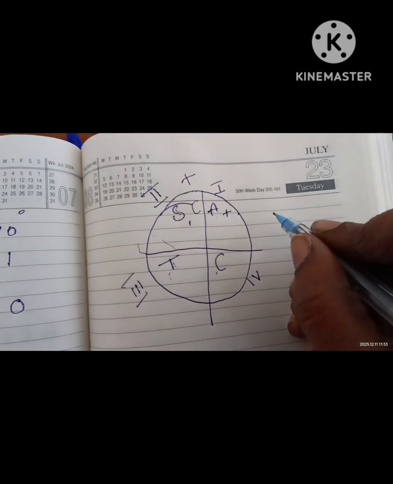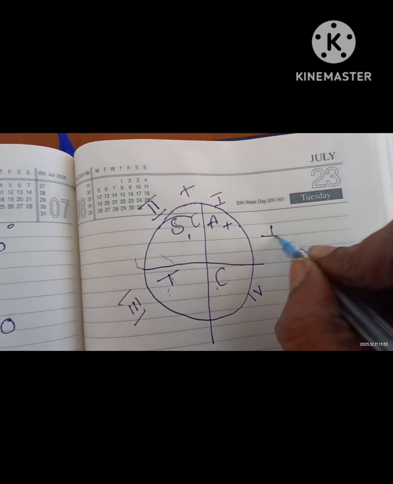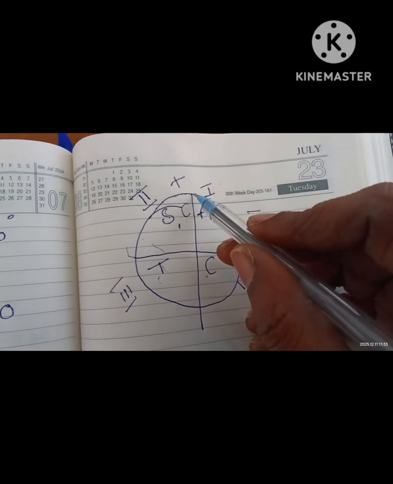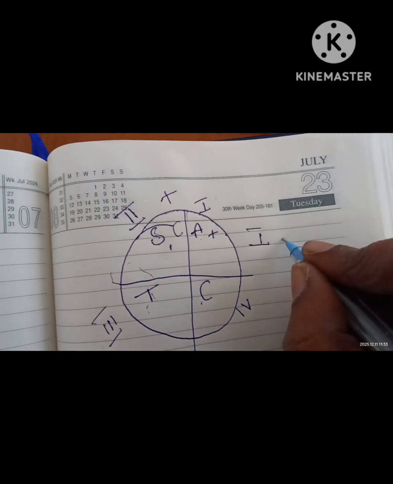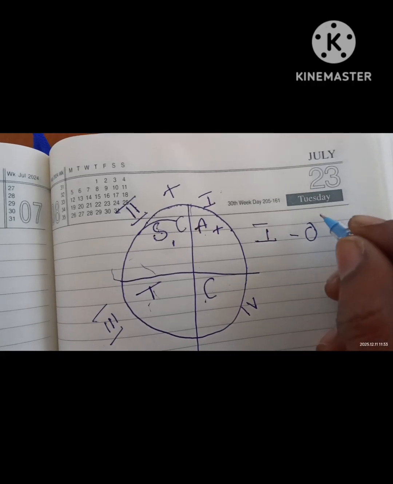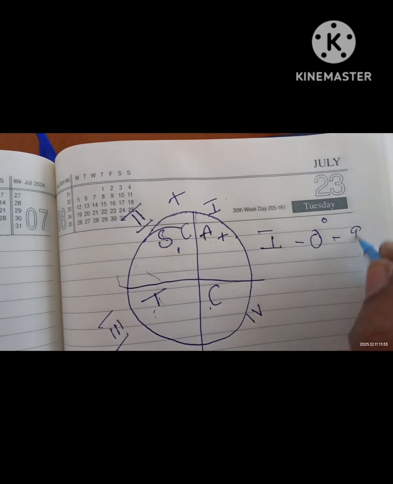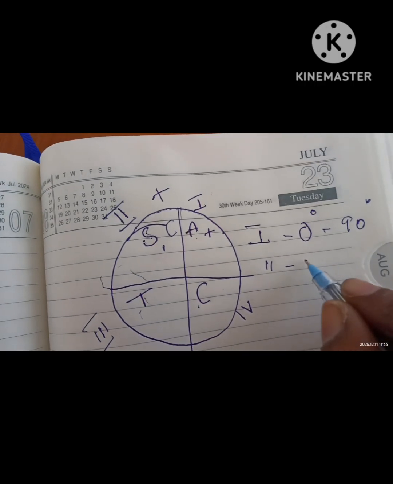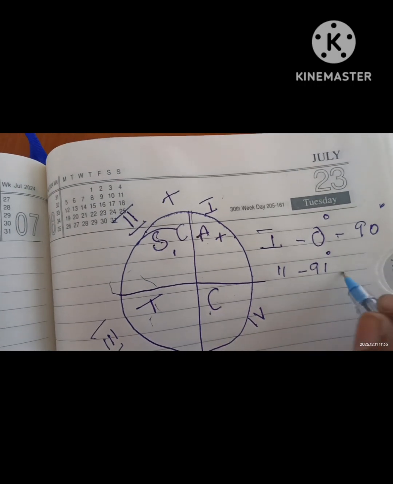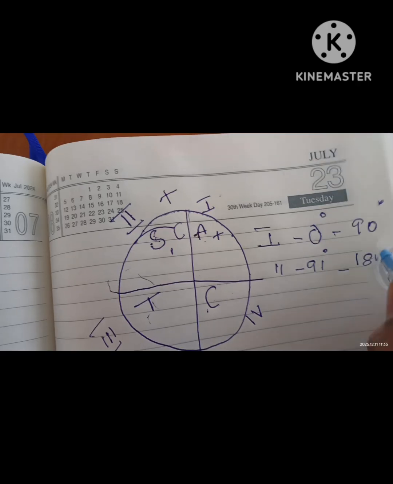Now you are going to tell me the angle for the first quadrant. Now see the shape of the first quadrant. That means the angle is between 0 degree to 90 degree. And in the second quadrant, the angle is from 91 degree to 180 degree.